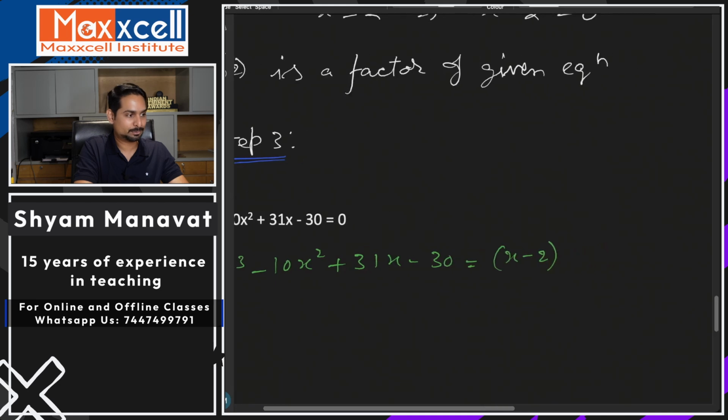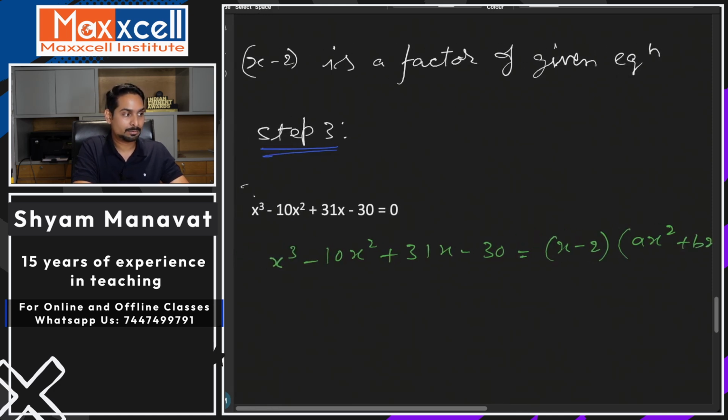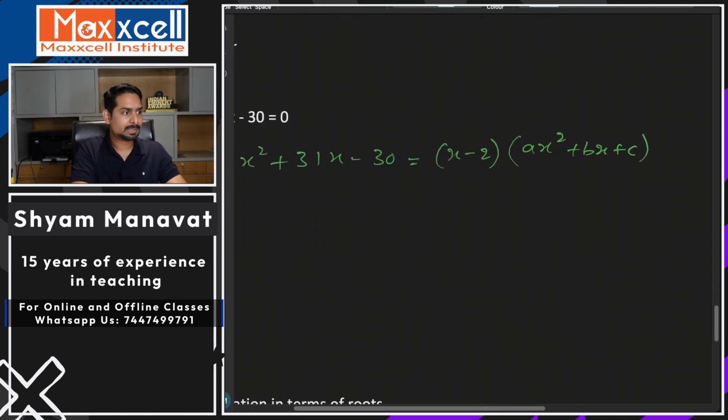So I'll write x minus 2 here. Then I have ax square plus bx plus c. It has to be a second order expression here, because at the end you need a third order expression, right? So the second factor has to be a second order expression. That should be pretty clear.